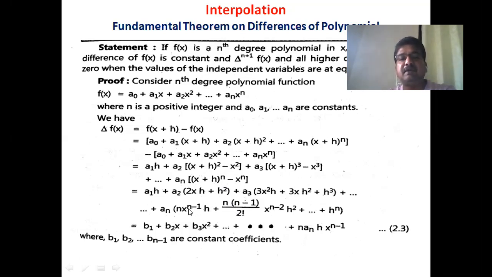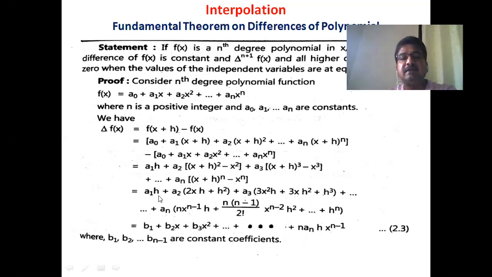The power of x is reduced by 1, and the power of h is increased by 1. Here is h, here is h². What is the next term? n(n−1)(n−2)/3! xⁿ⁻³ h³. But there is no need of writing that term. And the last term is hⁿ. So this is the expansion of this bracket by using the binomial theorem.